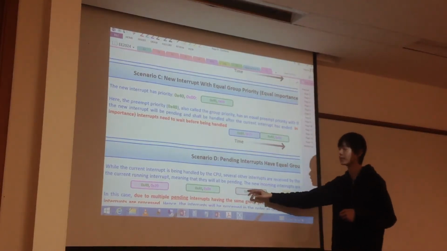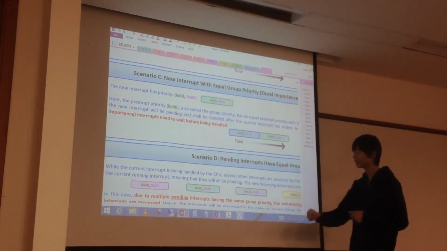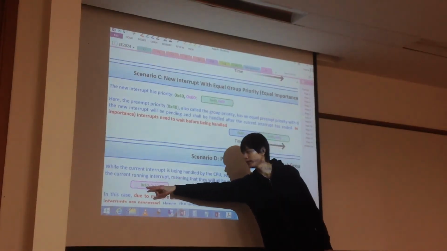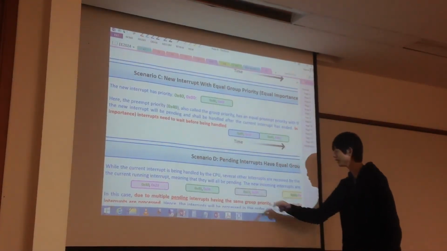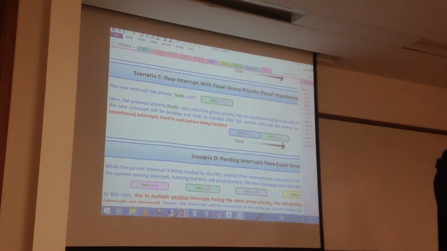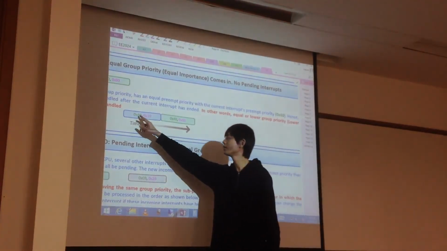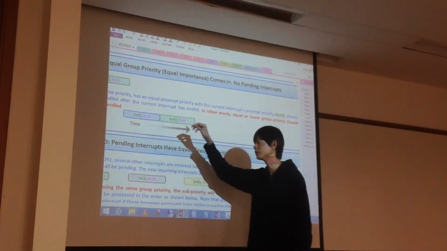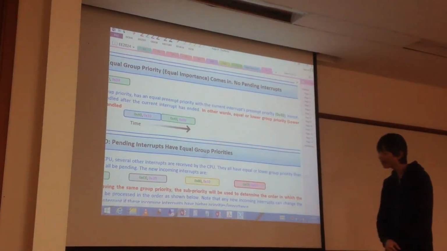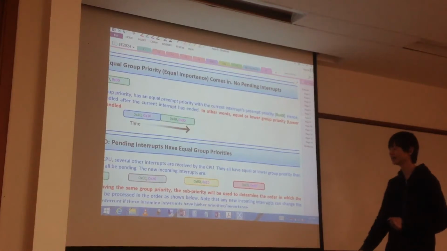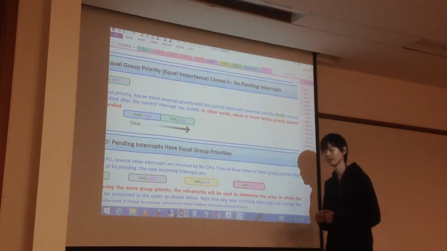Because it is greater than or equal to, it has to wait. So all of these are waiting, because all of them have greater than or equal to this value.